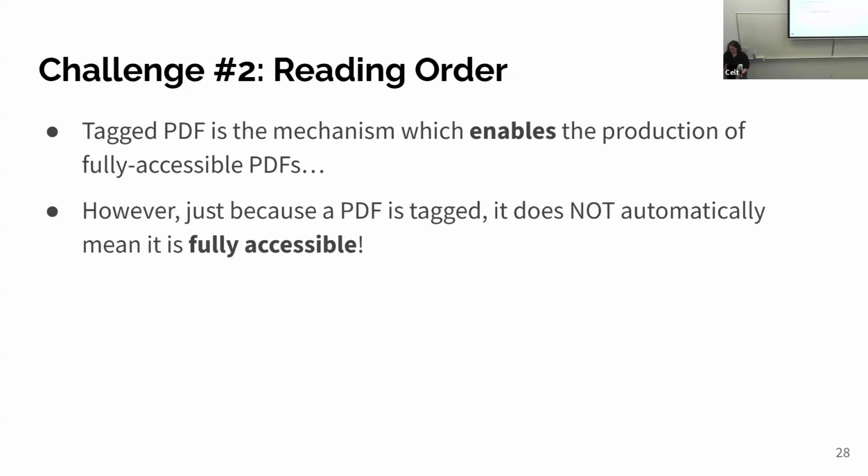Challenge number 2 is the reading order. A tagged PDF is the mechanism which enables the production of fully accessible PDFs, or at least that's what we are understanding. I hope you're understanding from all this talking I've been doing. However, we have to note that just because a PDF is tagged, it does not automatically mean that it is fully accessible.